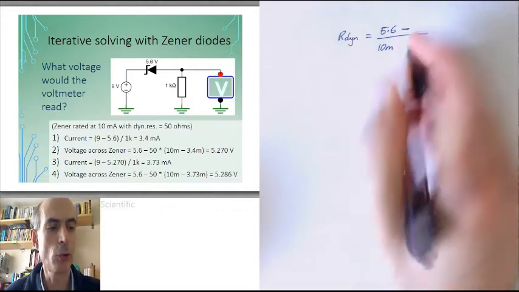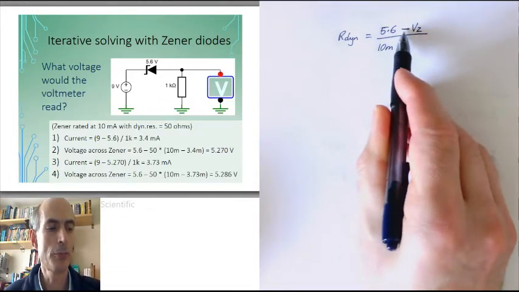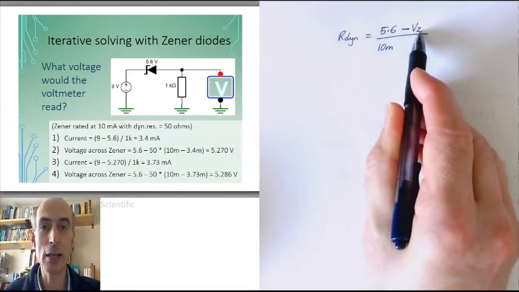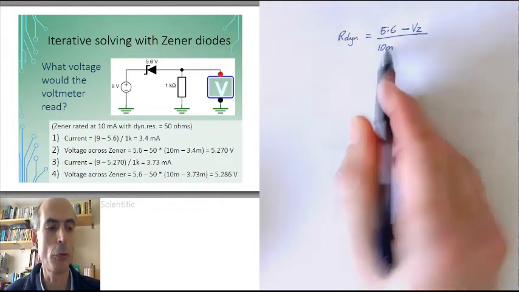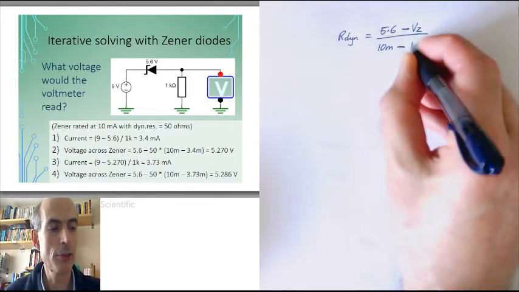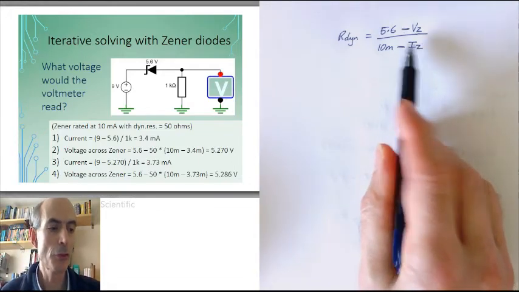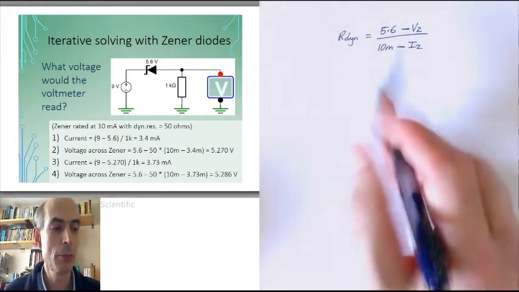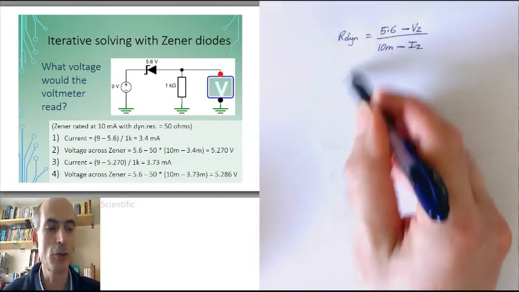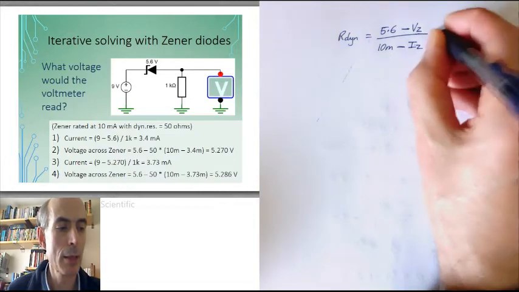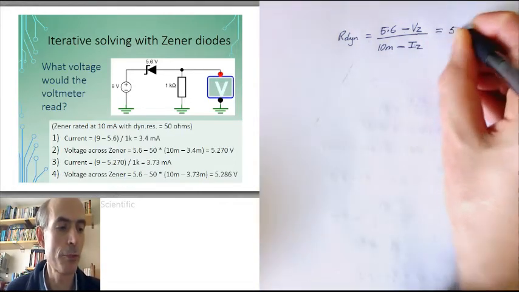So the change in voltage from that point, that's 5.6 minus Vz, where Vz is the actual voltage across the Zener, divided by the change in current from this point, 10 milli minus Iz, where Iz is the actual current through the Zener, must be equal to the dynamic resistance, because we're assuming that the dynamic resistance over the breakdown region of the Zener is a straight line. And in this case, that is equal to 50 ohms.